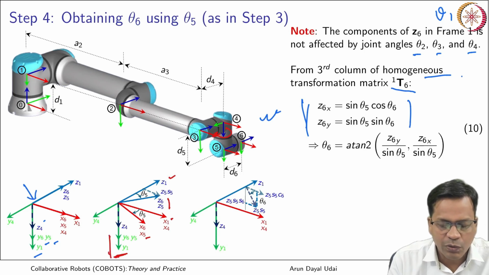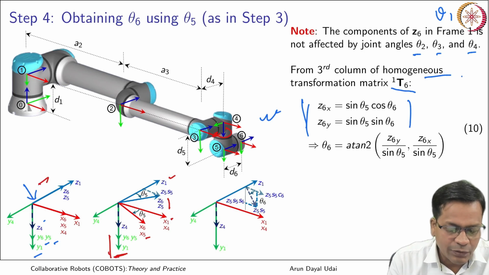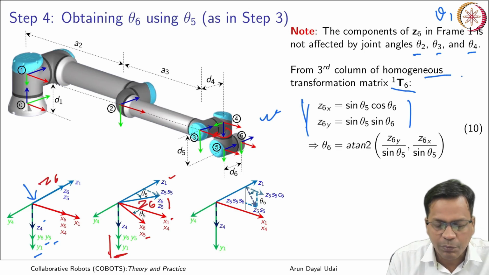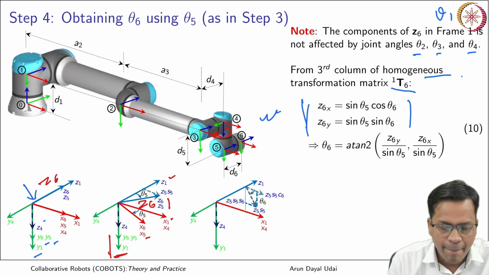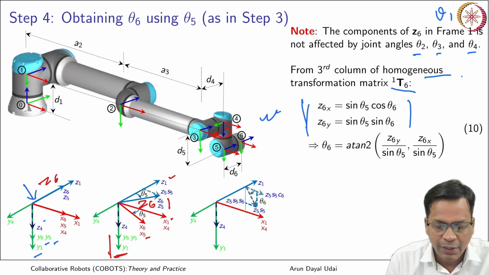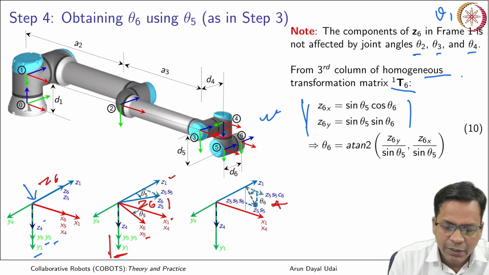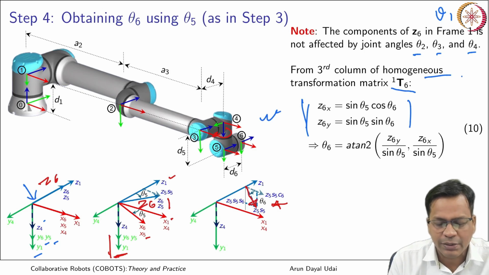This is first rotation, and Z6 actually comes out from here to here. So this is your new Z6 position. Now this Z6 again has second rotation, that is by an angle theta 6. So what will happen to this theta 6? Basically this will actually pull out Z6 further and bring Z6 to this position. So this is your final Z6.